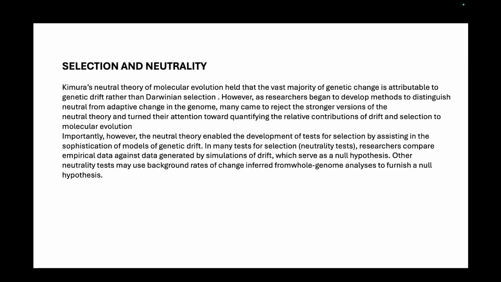Yeah, so neutral theory enabled the development of tests for selection by assisting sophistication of models of genetic drift. In many tests for selection, which are neutrality tests, researchers compared empirical data against data generated by simulations of drift, which serve as the null hypothesis.